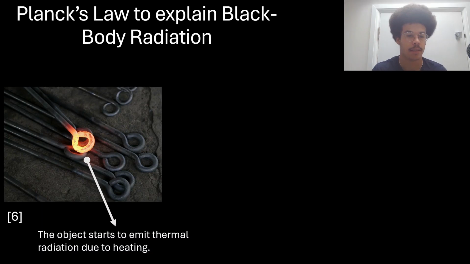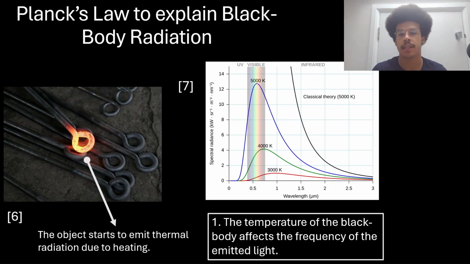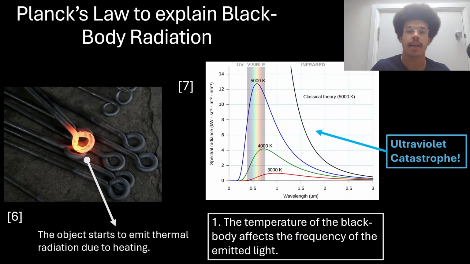And as we said, the object starts to emit this thermal radiation due to heating, and what we had originally discovered is that in the classical theory, so I'd like you to take a look at the black line first, we thought that as we increase the temperature of whatever body we care about, this will affect the frequency of the light.